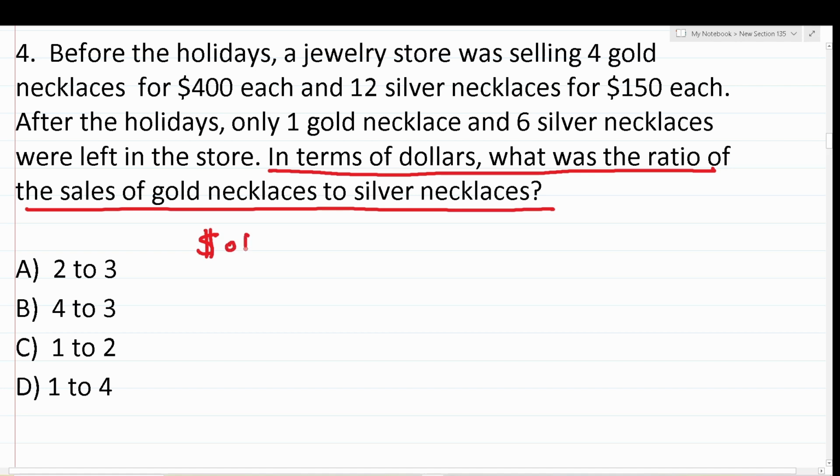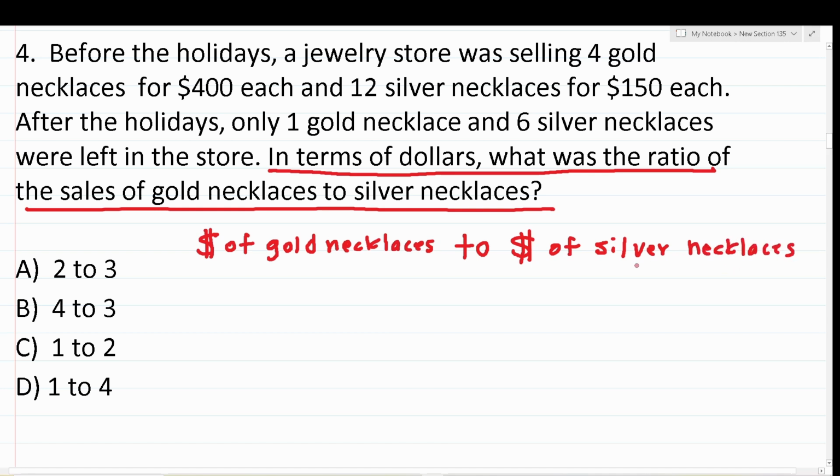Dollars worth of gold necklaces sold compared to, again, when we talk about ratios, we always use the word to, the dollar amount of silver necklaces sold. All right, so this is what this ratio looks like. Dollar amount of gold necklaces sold to the dollar amount of silver necklaces sold. So we have to figure out what those values are.